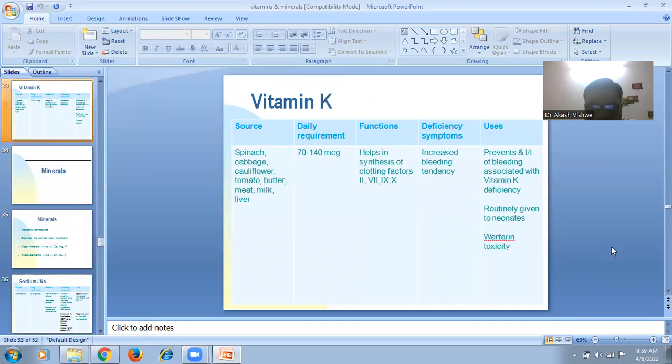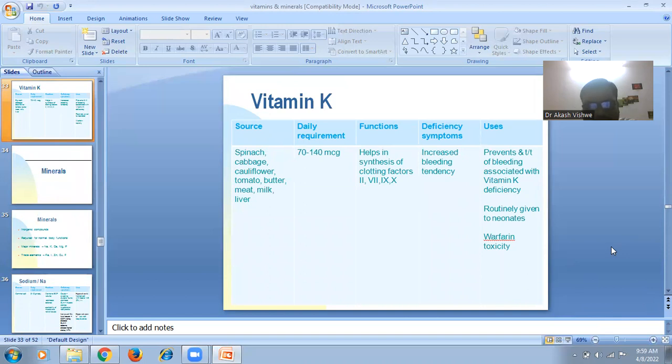Vitamin K is the last one in the category of vitamins. The sources of vitamin K are spinach, cabbage, cauliflower, tomato, butter, meat, milk, and liver. The daily requirement of vitamin K is 70 to 140 mcg.